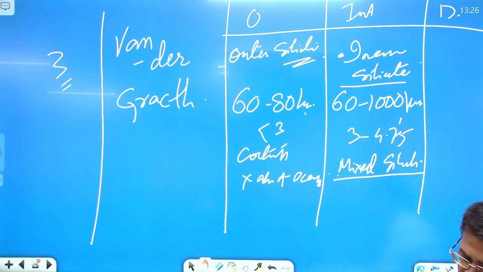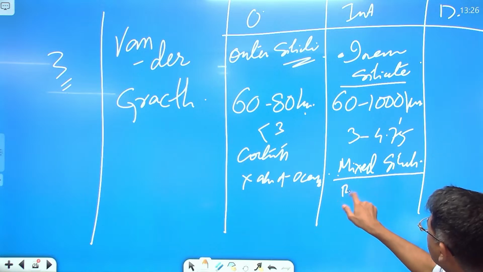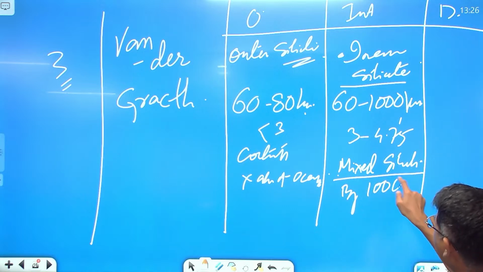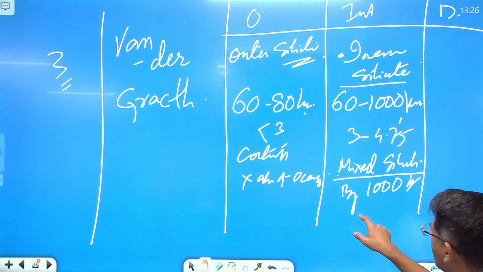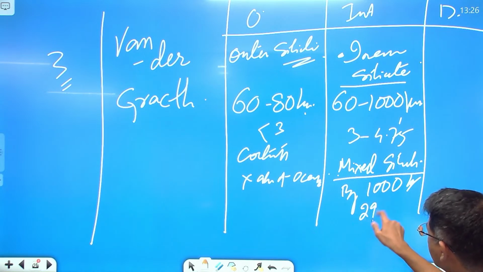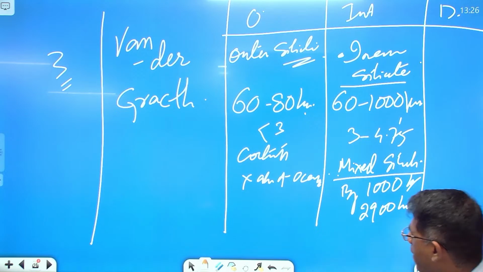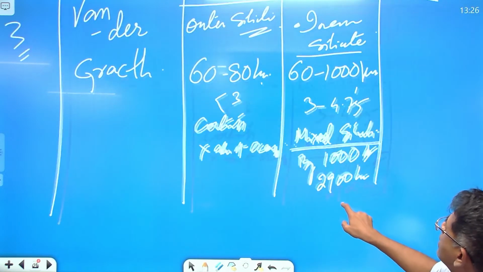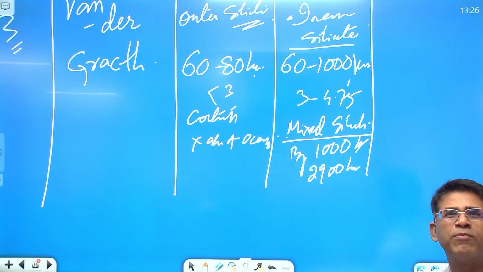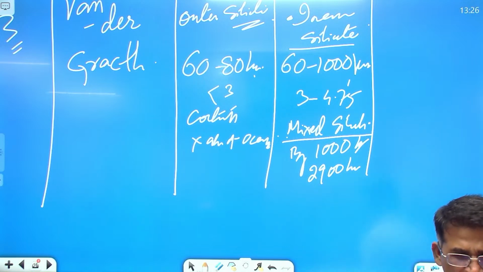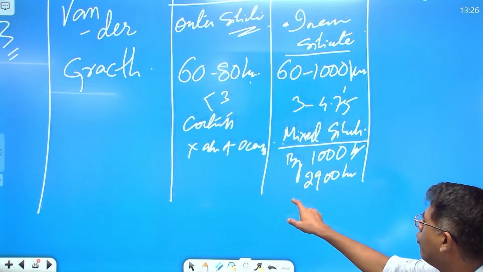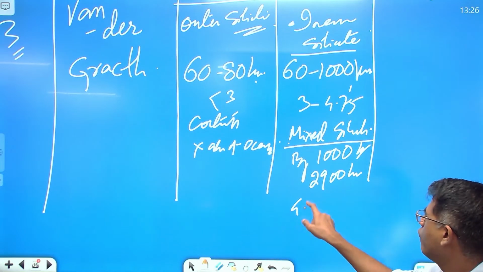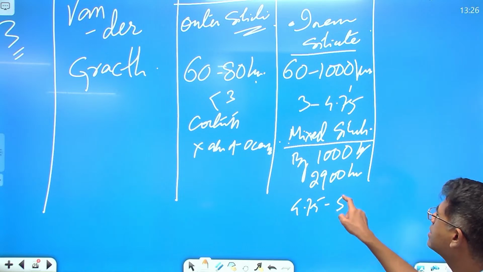Mixed silicates, this is beyond 1,000 kilometers, up to 2,900 kilometers, and this has a density of about 4.75, say 5 tak.